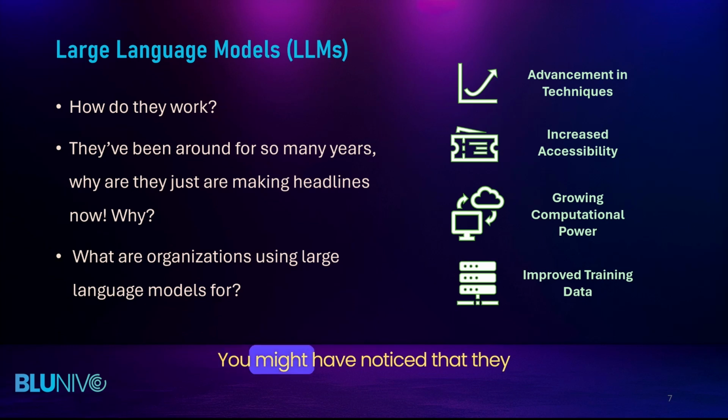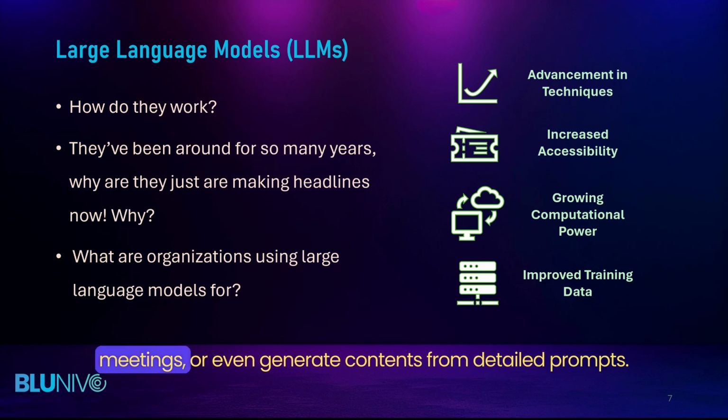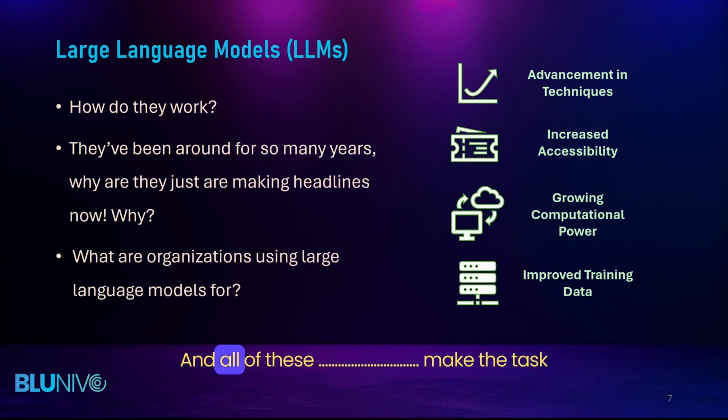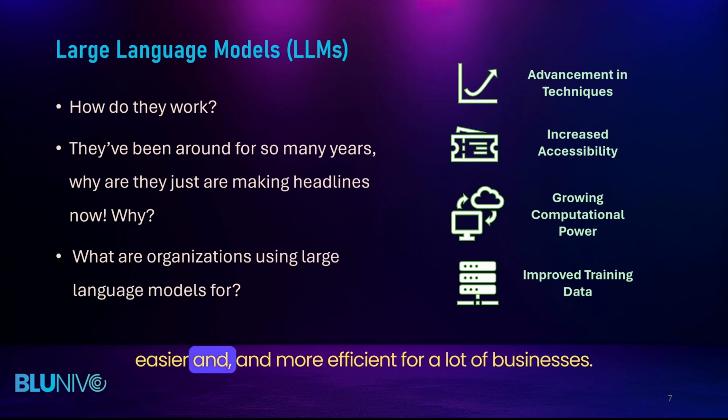You might have noticed that they can translate content in different languages. You may use it for summarizing long texts like meetings, or even generate content from detailed prompts. And all of these make the task easier and more efficient for a lot of businesses.